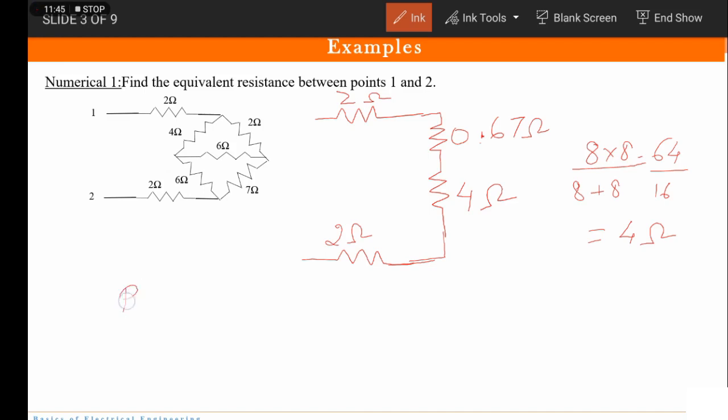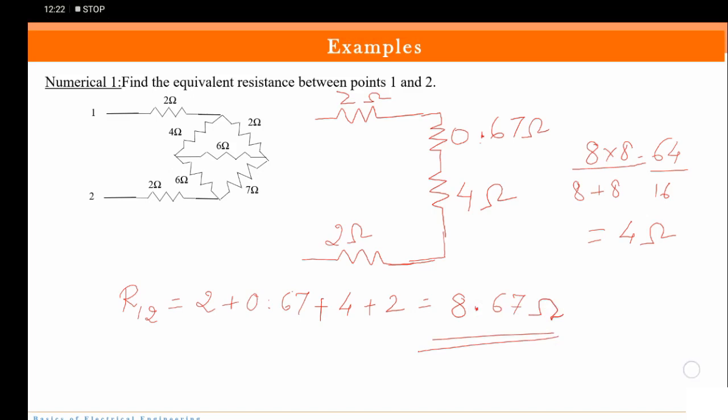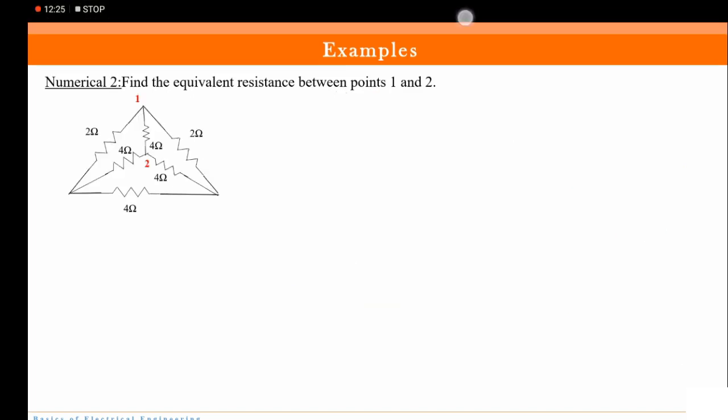So what will be the total resistance between points 1 and 2? It is 2 plus 0.67, 0.67 plus 4 plus 2. Okay. So that comes out to be 8.67 ohms. Fine. So this is our final answer. I hope you understood this. Let us go to the next example.